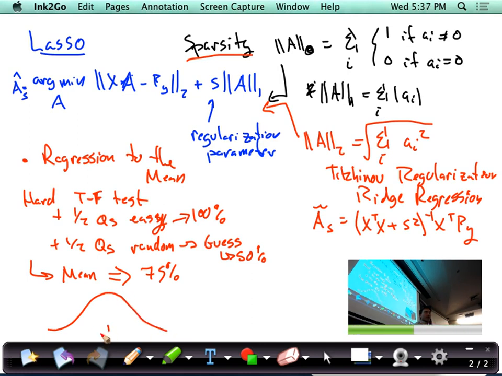So something like this, where this is 75%, and maybe if there are enough questions, 50% is way out here, and 100% is way out here. But there are going to be some people in class who are doing very well. These people did really well on the first quiz and got greater than, say, 80%.